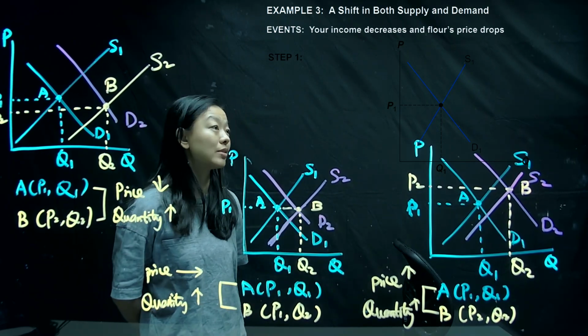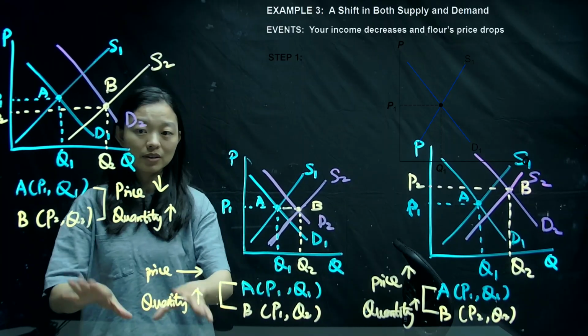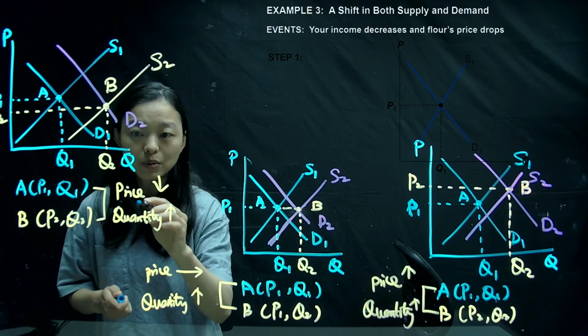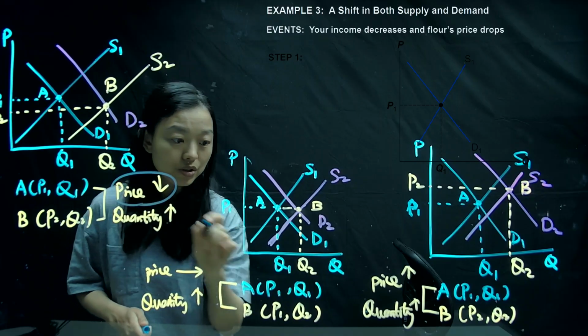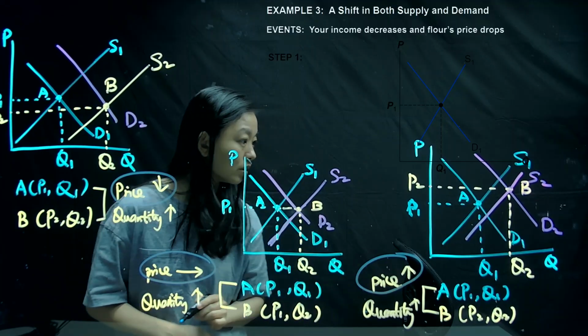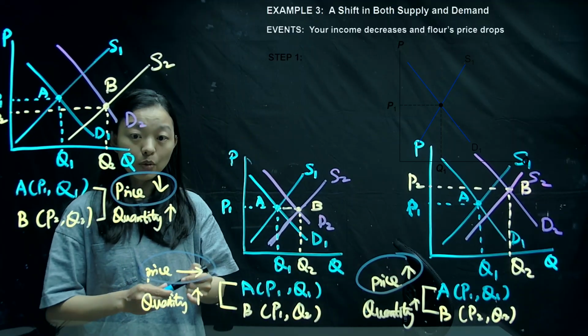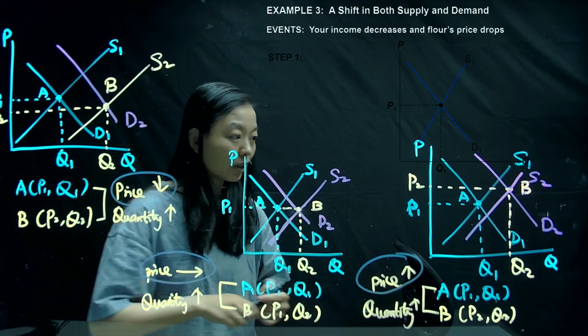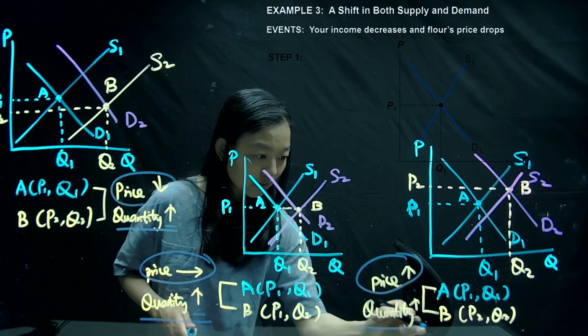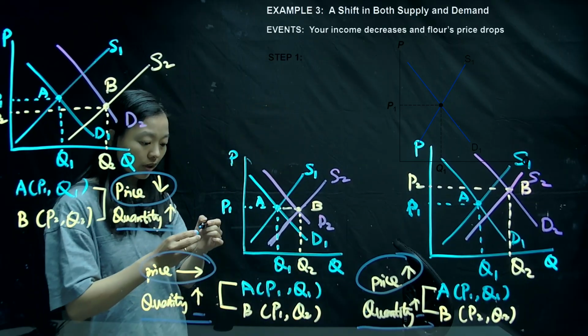But what will happen in this case? We can notice the price will either decrease, not change, or increase, right? Then what about the quantity? The quantity increases in all cases, right?